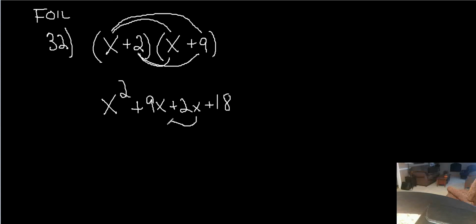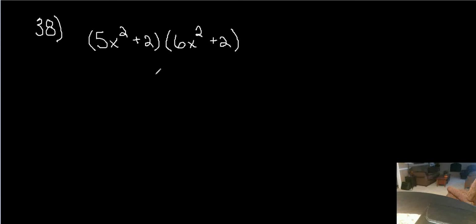In this case I have two middle terms that I can combine because they're like terms. So I get x squared plus 11x plus 18. And we're done.